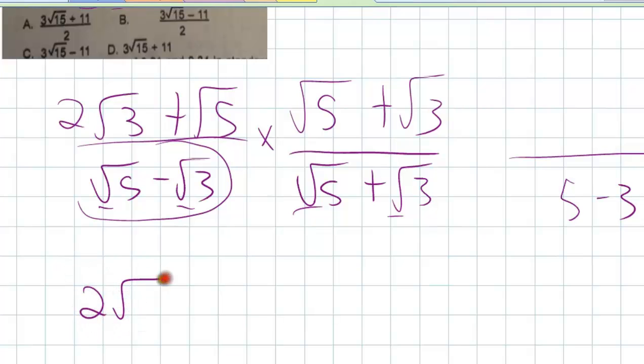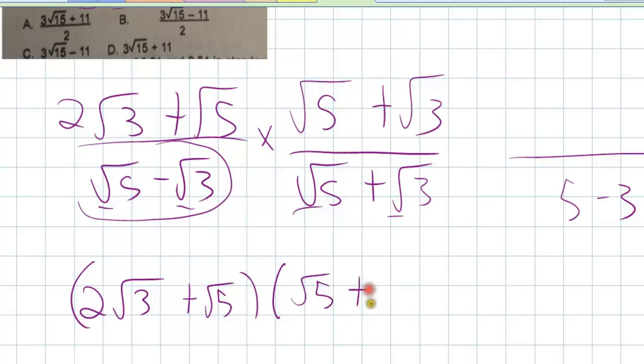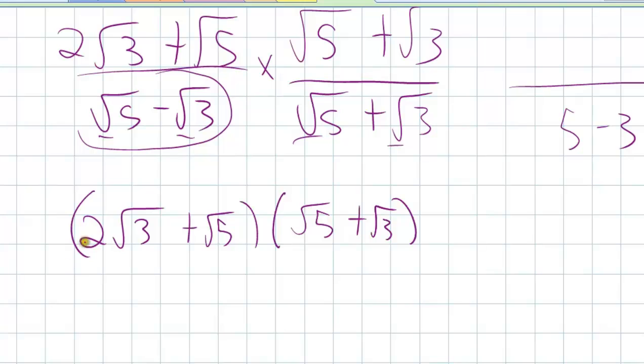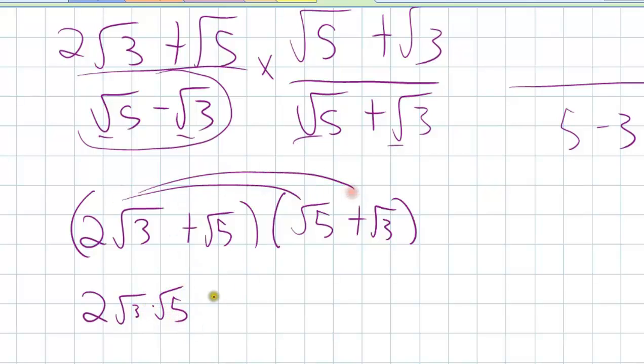So, working on the numerator, 2 times the square root of 3 plus the square root of 5, times the square root of 5 plus the square root of 3. We're going to do it the same exact way we did before. 2 times the square root of 3 times the square root of 5, plus 2 times the square root of 3 times the square root of 3.